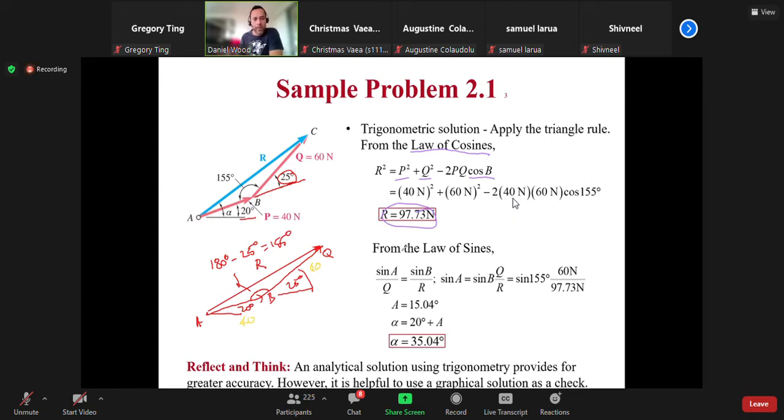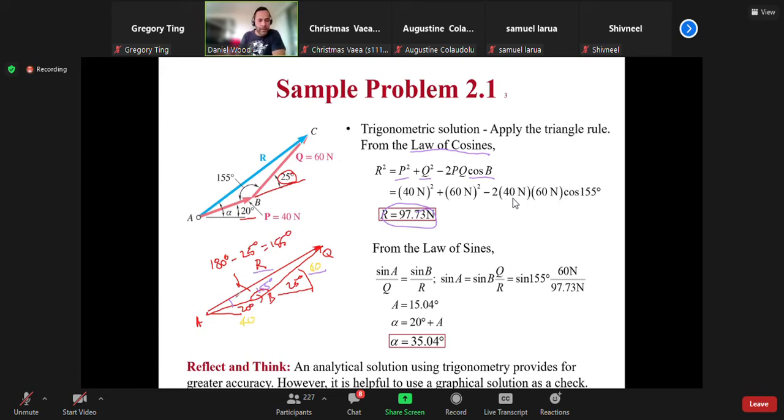Now, once I have that, I can then work out my internal angles as well using the sine rule. So the law of sines. So now I have my resultant here, and I have my internal angle 155. The resultant is opposite 155, and I have 60 newtons, and that is opposite this angle here, right?